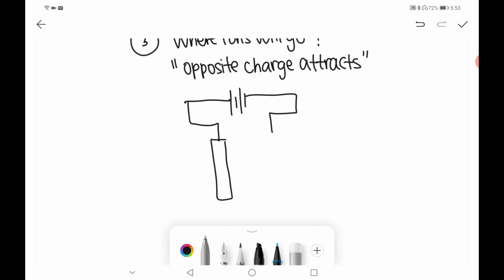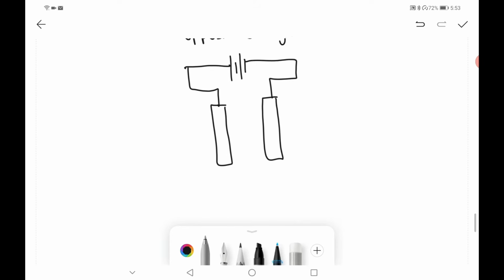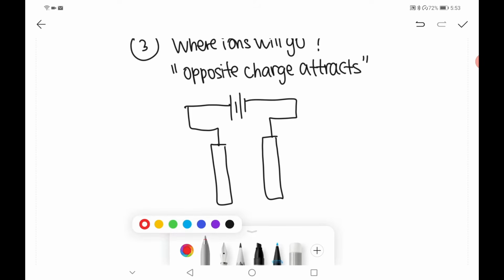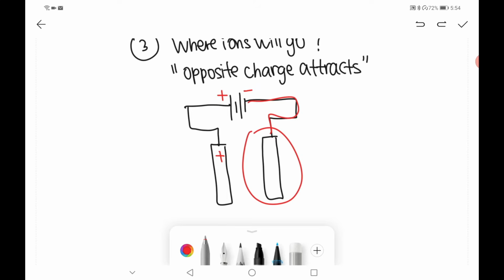The longer side of the battery is positive, the shorter side is negative. The electrode connected to the positive side is the positive electrode, and the one connected to the negative side is the negative electrode. This is quite simple.